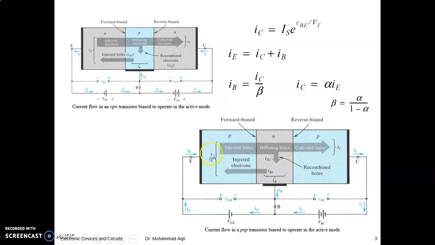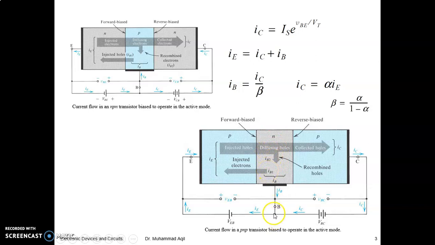Because this junction is forward biased, a huge amount of majority carriers, which would be holes here in the P region, will pass through the base because the base is thin, so a small amount of those holes will combine with the free electrons, the majority carriers in the N region, to make a part of the base current, right?